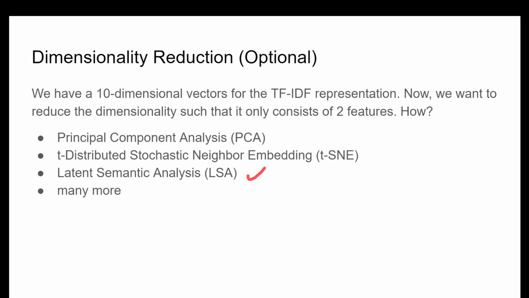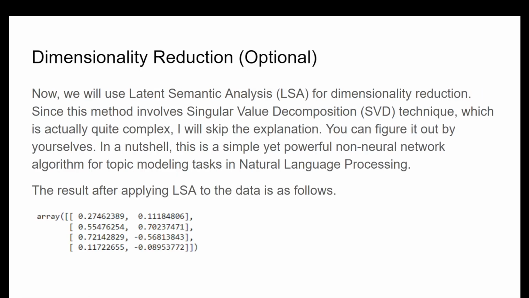Perhaps you haven't heard about it before. LSA is one of the most powerful non-neural network algorithms for topic modeling tasks in natural language processing. But since it is quite complex, I will not explain it in detail. So let's just apply this one and assume that the result is this one.